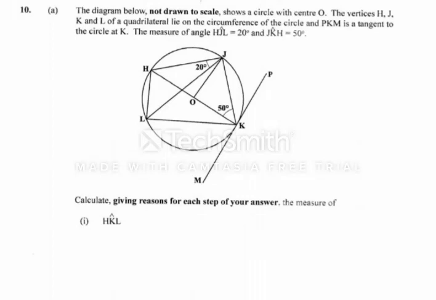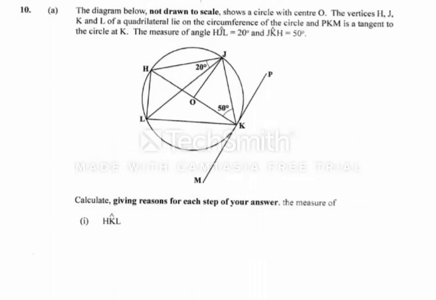The quadrilateral HJKL is a cyclic quadrilateral because all the vertices lie on the circumference of the circle. We're asked to calculate, giving reasons for each step of your answer, the measure of angle HKL.